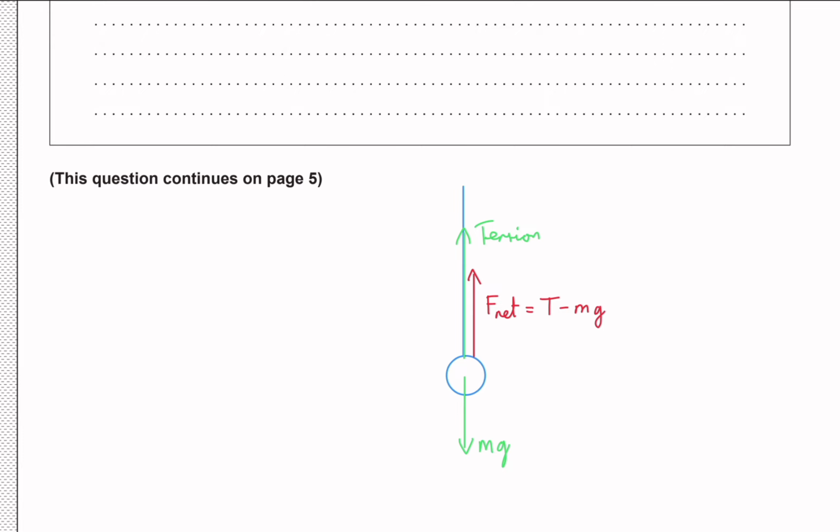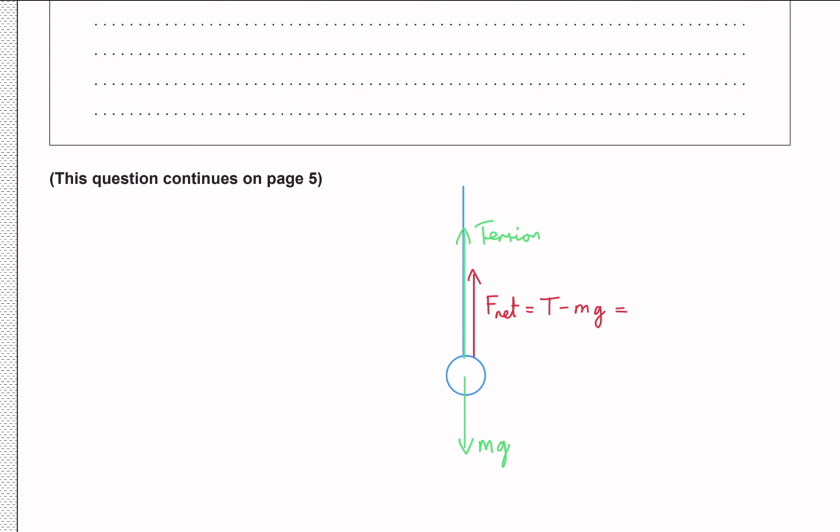And we know what the net force is. The net force is just the centripetal force, as it's a force pointing towards the center of a circle along which an object is moving. So the object is moving along a circle and there's a force pointing towards the center of the circle, so we call that the centripetal force.